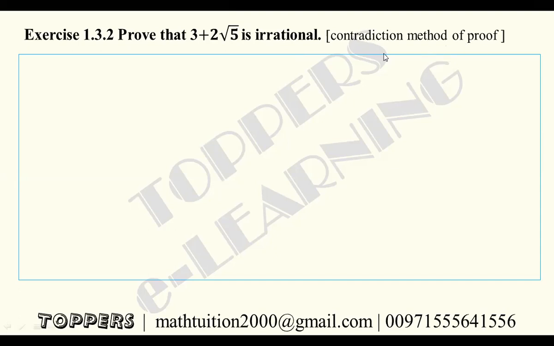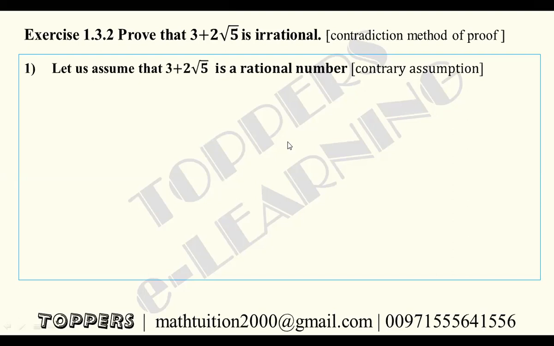So first let us assume that 3 plus 2 root 5 is a rational number. In fact it is irrational, but we are assuming that it is rational. So it is a contrary assumption.